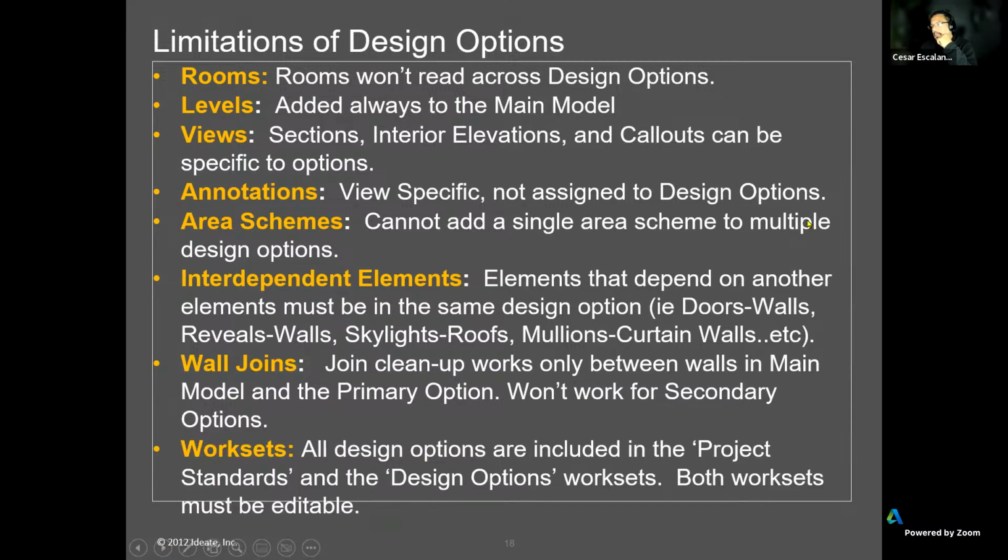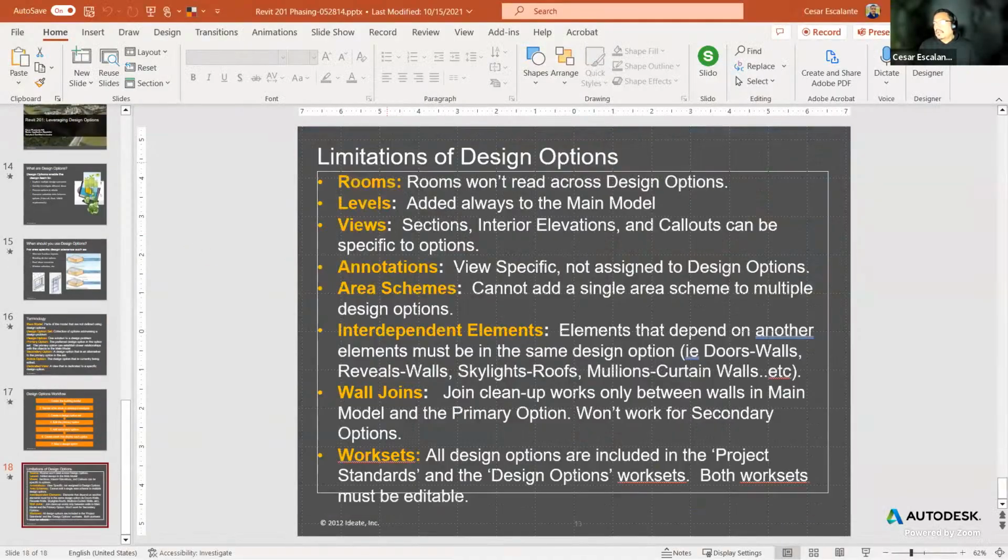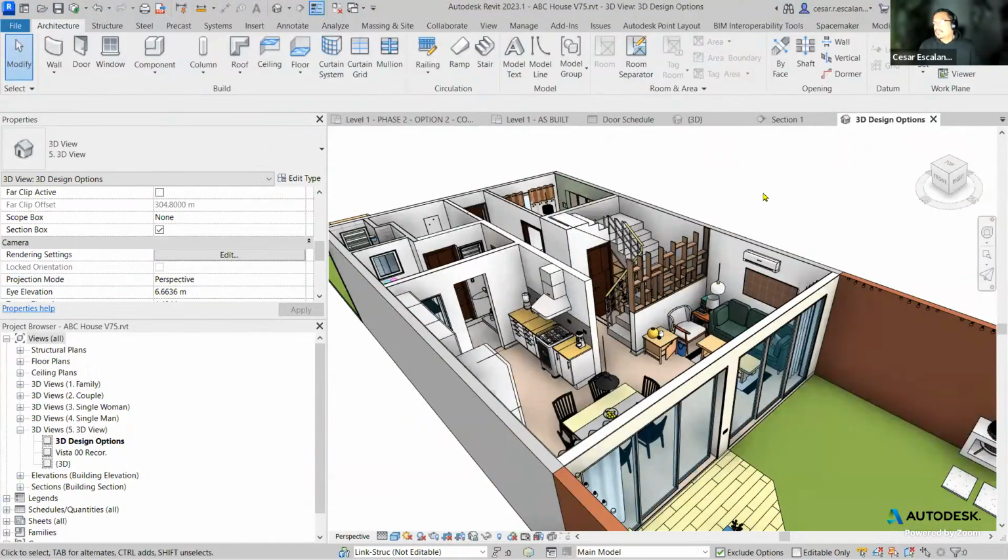And the worksets. All design options are moved into worksets called project standards and design option worksets. I don't have a central file to show you this. Or maybe I do, yeah, this is a central file.